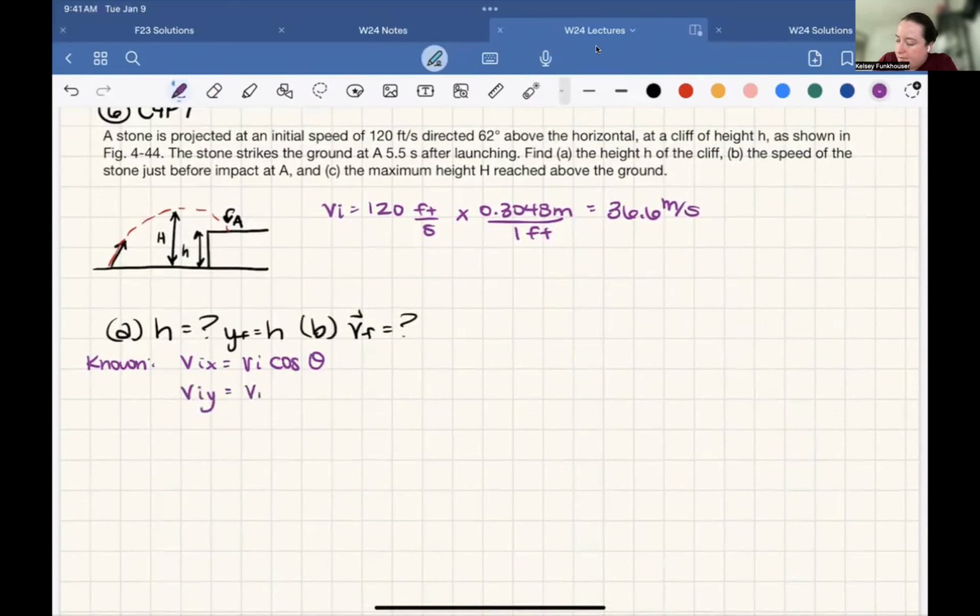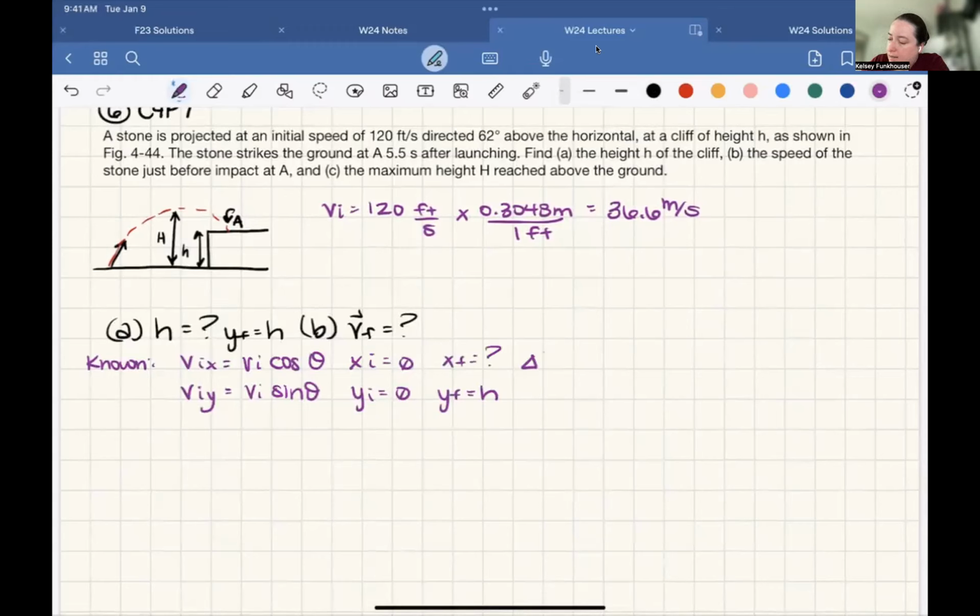The initial velocity in y is the initial velocity times sine theta. The initial x position is 0, the initial y position is 0. Y final is h. X final, we don't know. I guess that wouldn't be in knowns, it would be in unknowns, but that's okay.